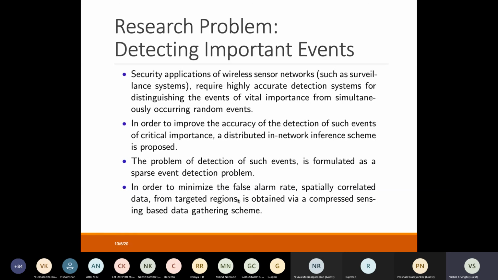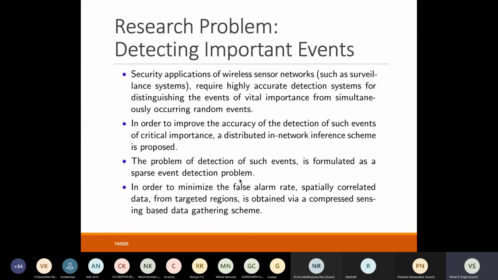If you closely monitor the entire scenario of threat analysis in a smart city or in a surveillance system, you realize that the accurate detection of events is probably the most important task. And thus the research problem which I am addressing here is the detection of important events.